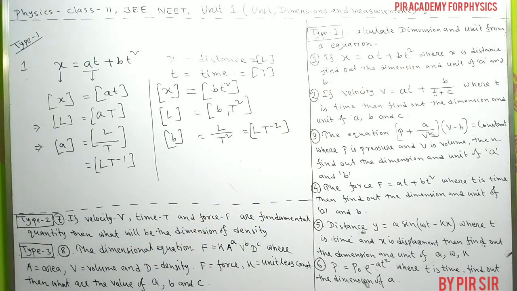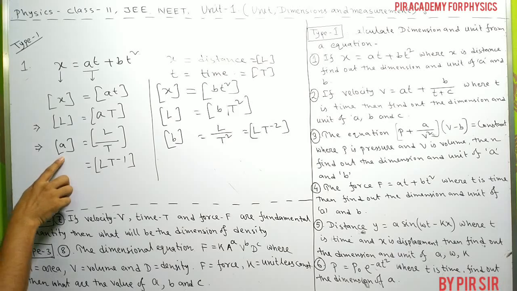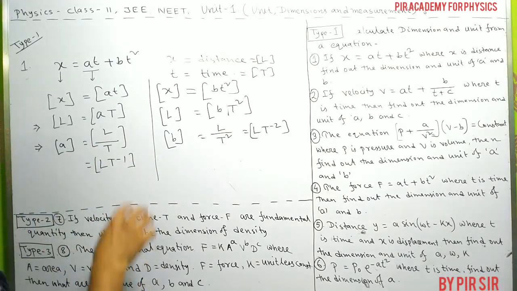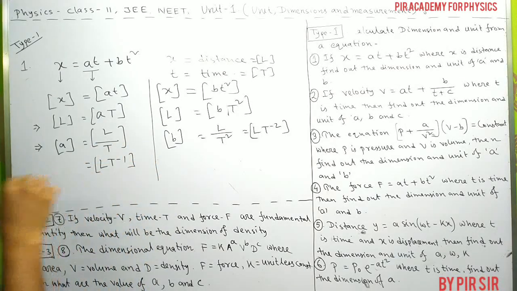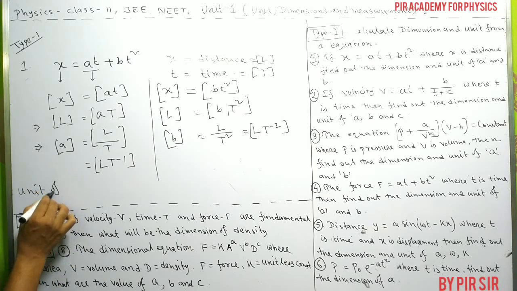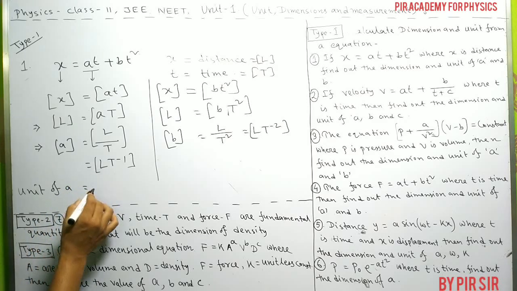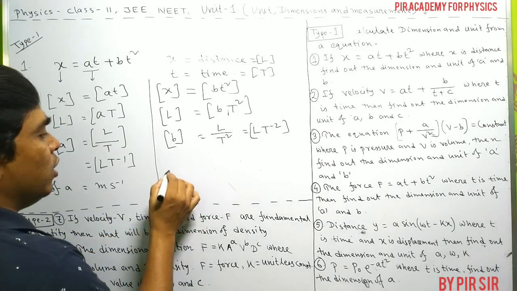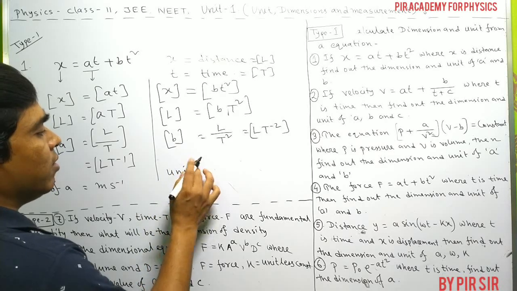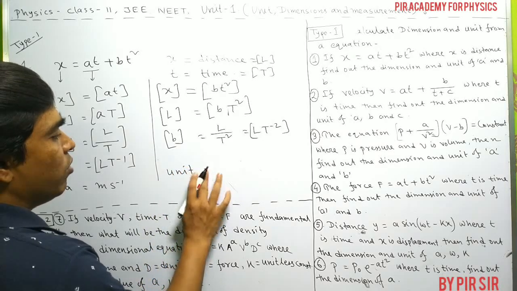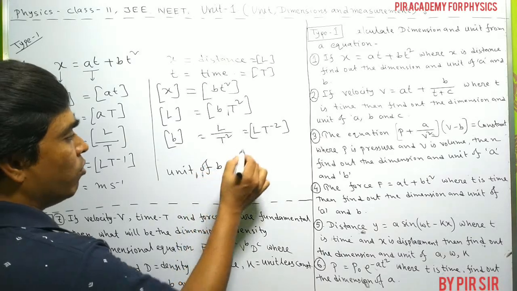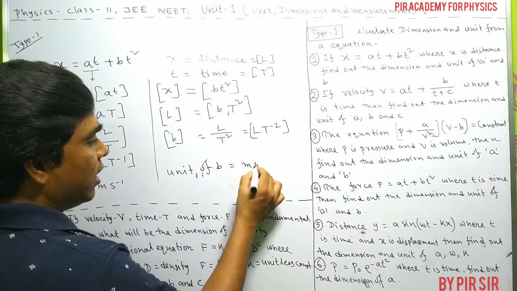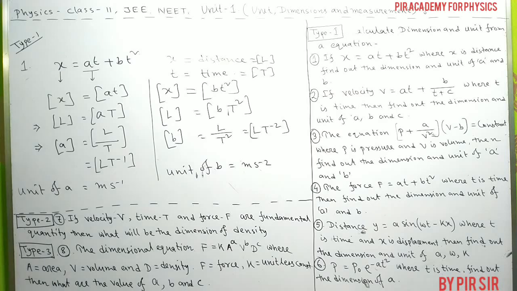You can easily calculate the dimensions of A and B with the help of homogeneity. The unit of A is meter per second, and the unit of B is meter per second square. This is the first problem.